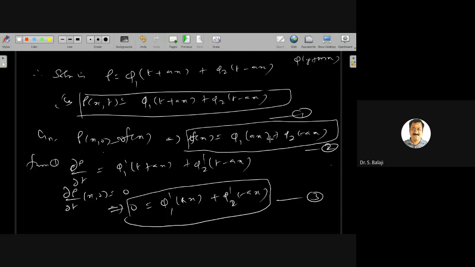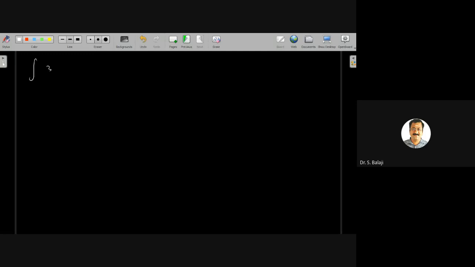Now you differentiate because you have to get this relationship here. If you integrate this one, pi 1 dash and pi 2 dash, you can get pi 1 ax plus pi 2 minus ax equal to c, or you can write k.